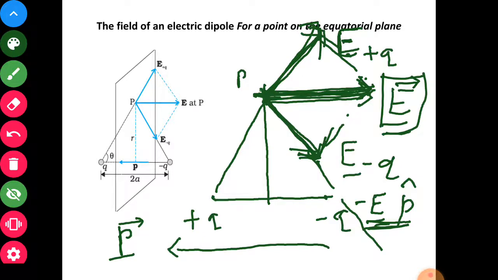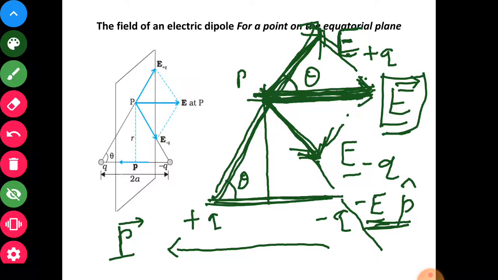Now we take an angle theta here. So this angle will be theta according to our geometrical understanding, because these two lines are parallel lines. This line and this line are parallel, and this becomes a transversal.